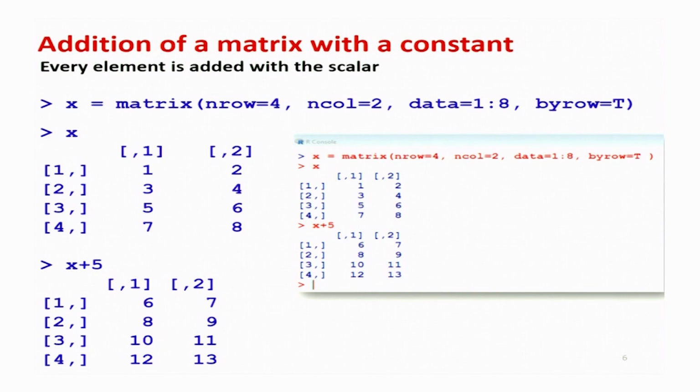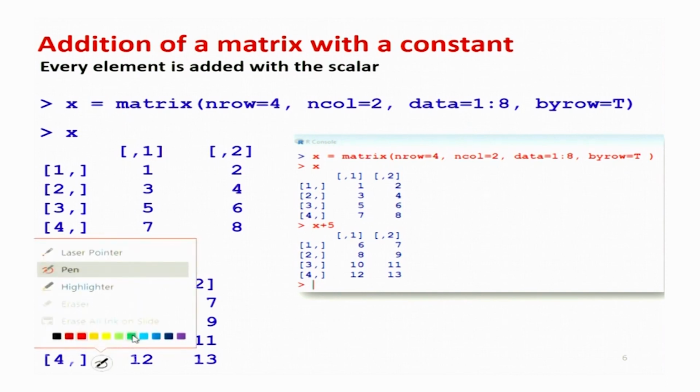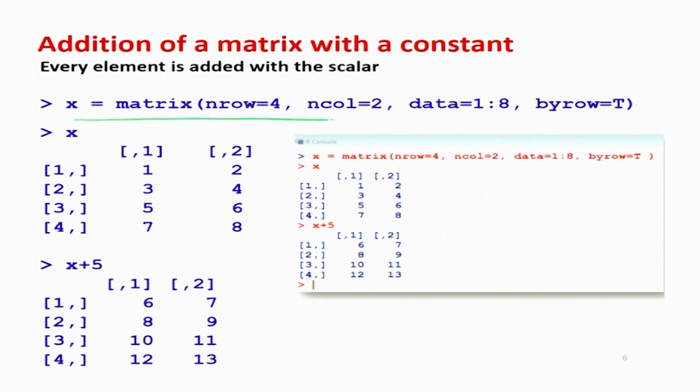The rule is very simple, from matrix theory, that the element is added to all the elements. So, if you consider a matrix like this, X is equal to matrix with 4 rows, 2 columns and the data from 1 to 8, and the data is arranged by row, then you have this matrix.